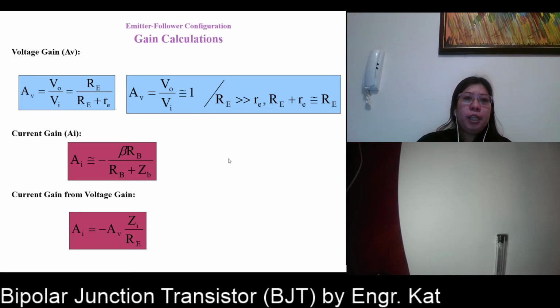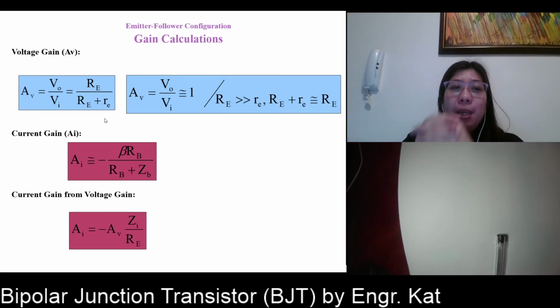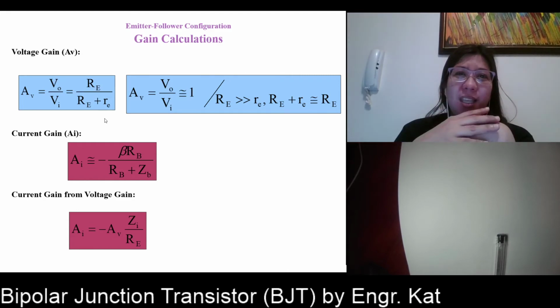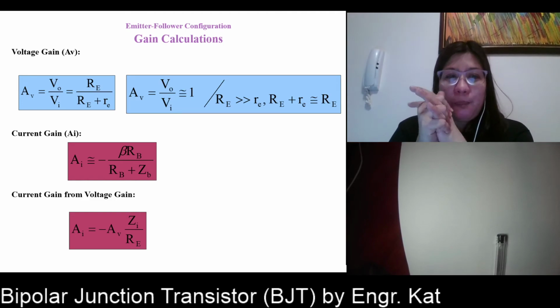So for the voltage gain, it is approximately equal to 1 or usually lower than 1, because the denominator is always greater than your numerator. That's why common emitter followers or common collectors are not usually used as an amplifier. Why? Because their voltage gain is lesser than 1. So technically, it's not an amplifier.